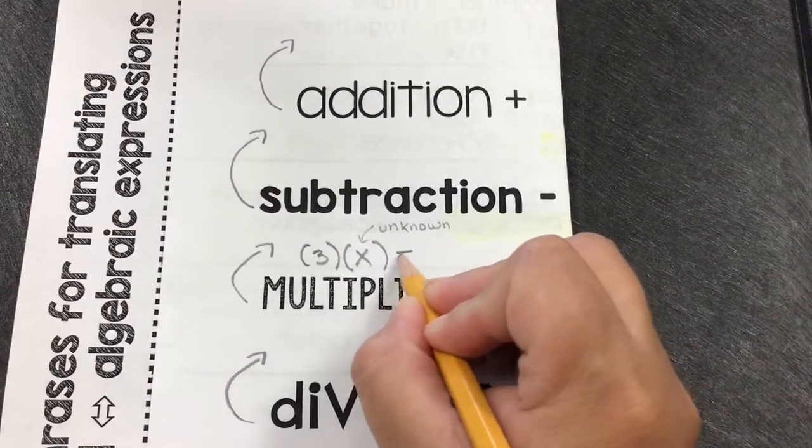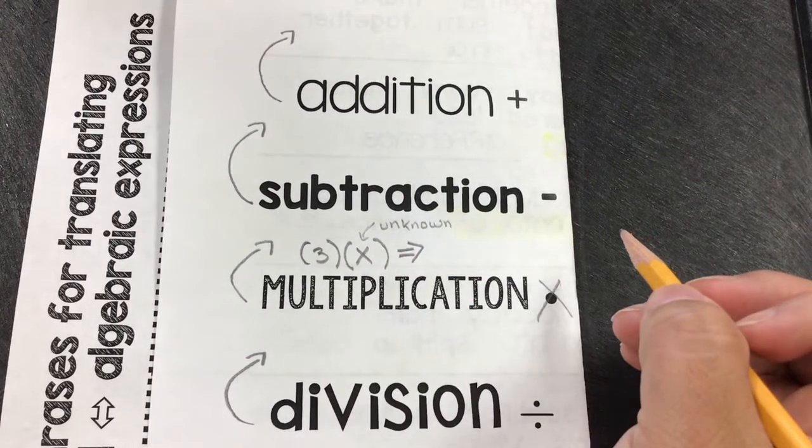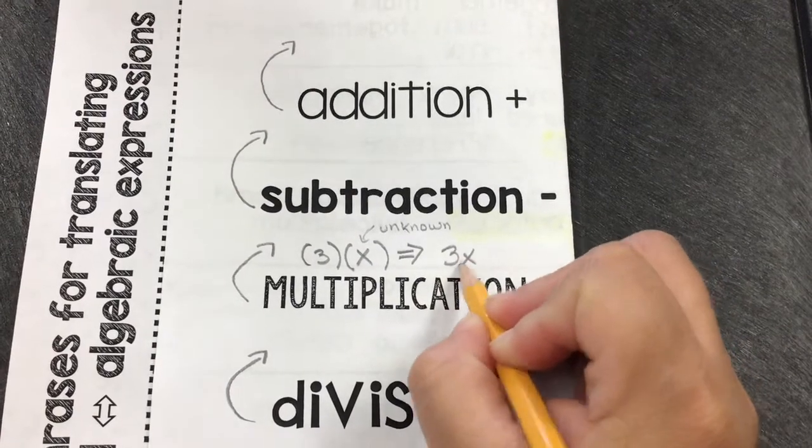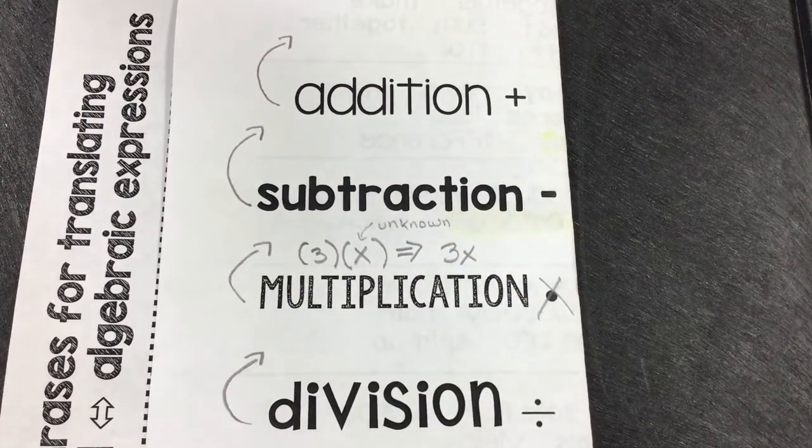In mathematics, this symbol right here means implies. 3 times X can also be written this way. It doesn't have a notation. It's just something that we should know that these two things are being multiplied together.